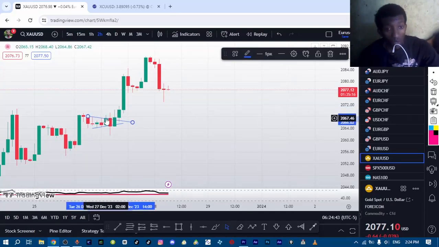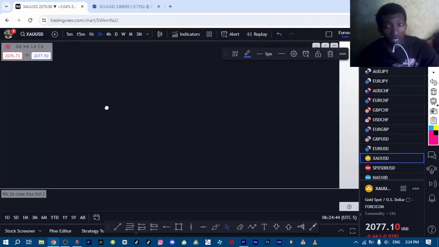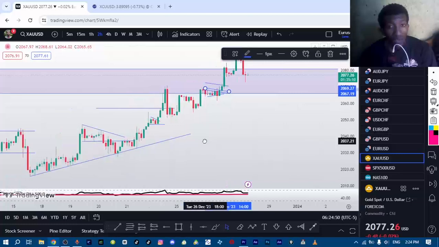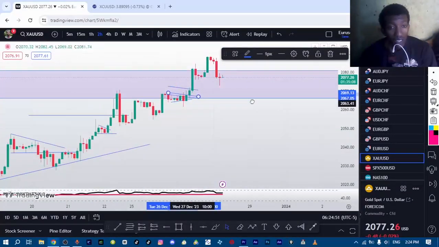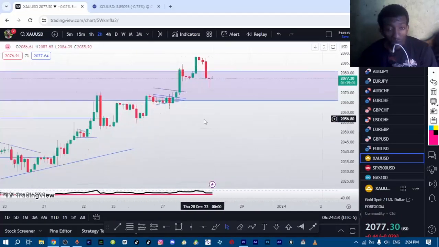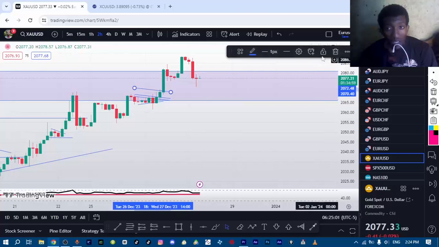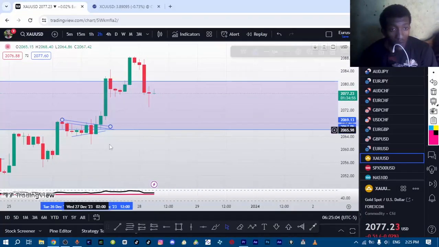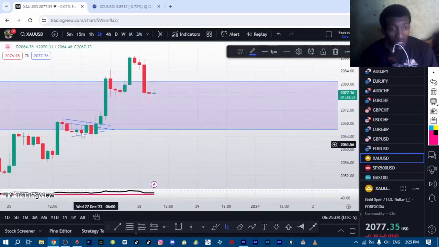Or hold control and do it like this. Yes, this was the previous supply zone that I drew. So let's delete this one. We don't need this, and connect this line with this one. This up line to this one, right?